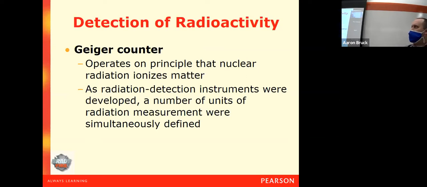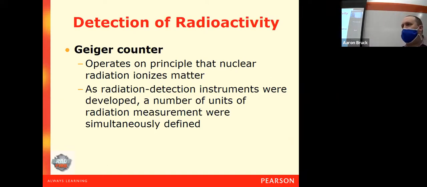We can detect radioactivity using something called a Geiger counter. You'll become very familiar with Geiger counters in the lab on Friday. You've probably had some exposure to them before. If you ever have seen anyone that's carrying around a box that makes little clicking sounds, that is a Geiger counter, or at least a lot of those are.